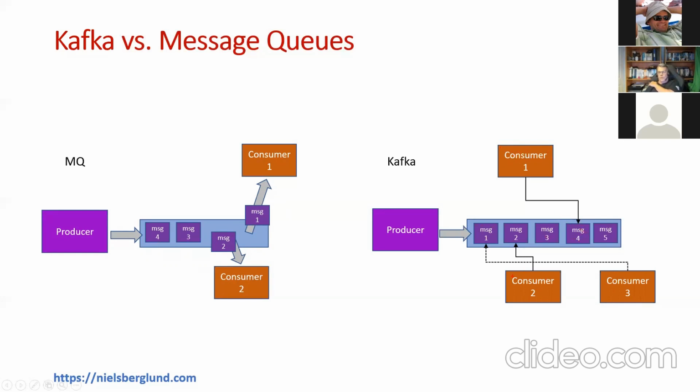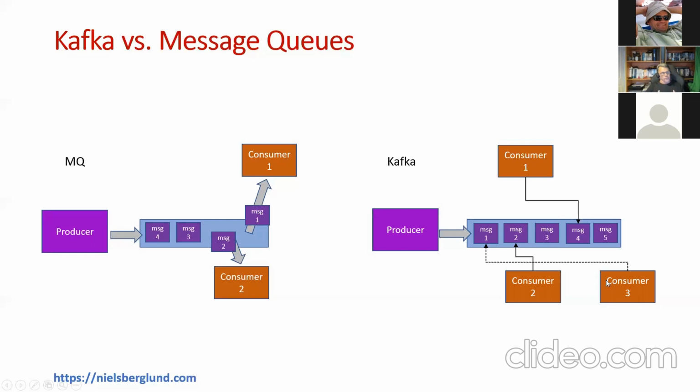Consumer 2 came in a little bit later, perhaps started up a little bit later, and has consumed message 1, and is now about to consume message 2, whereas consumer 3 has just started up, and he is now consuming the first message in the queue, if that makes sense.